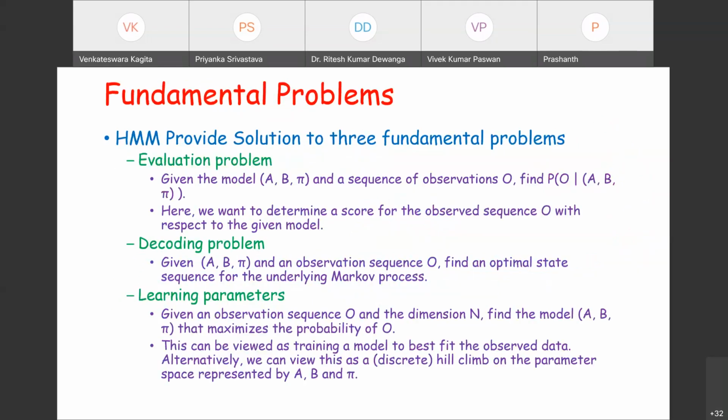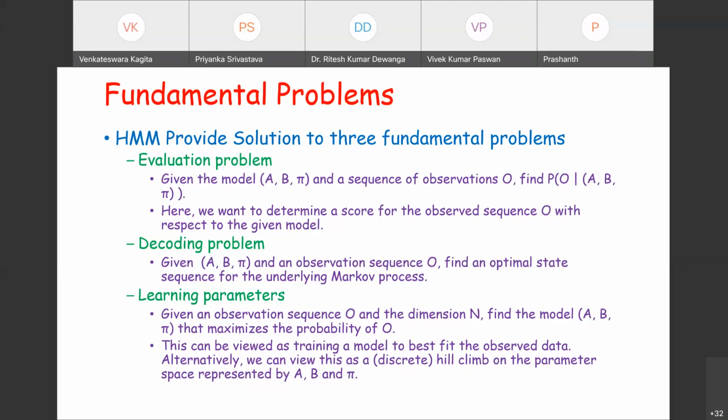Okay, so the fundamental problems, to summarize. HMM provides solutions to 3 fundamental problems: the evaluation problem, the decoding problem, and learning parameters. What is the evaluation problem? Here we are given information about A, B, and pi and a sequence of observations. We need to just find the probability of that sequence of observations. The second case is the decoding problem, in which we are given A, B, pi and the observation sequence also.